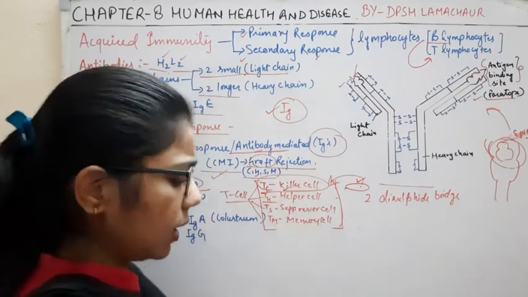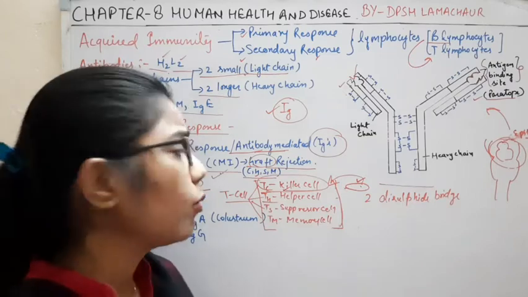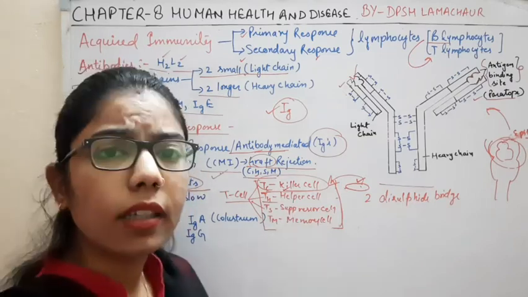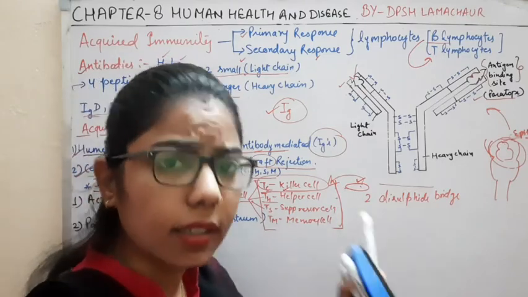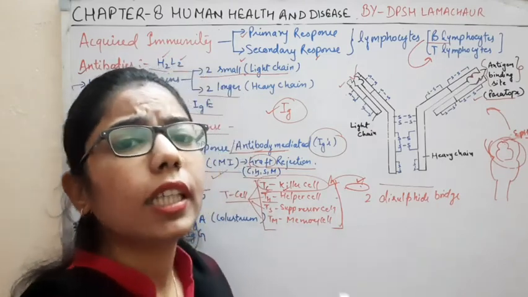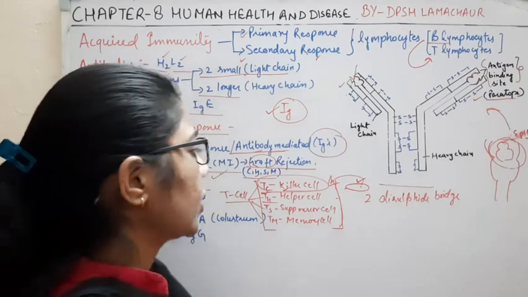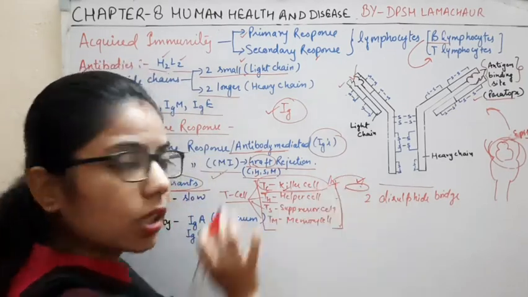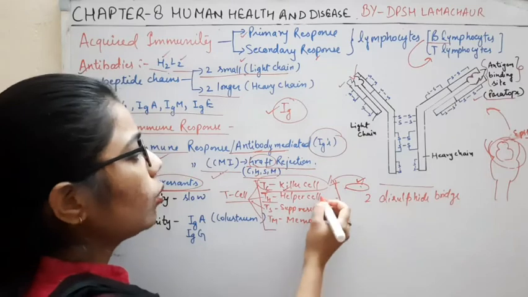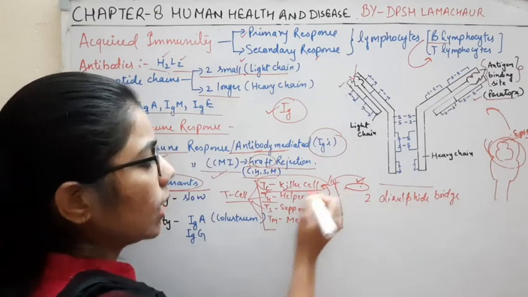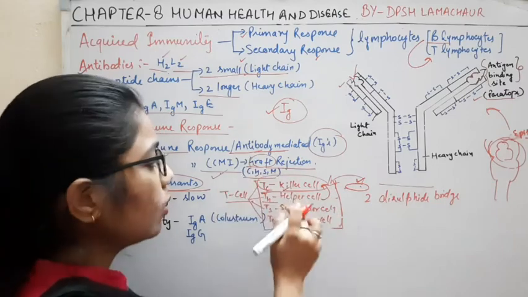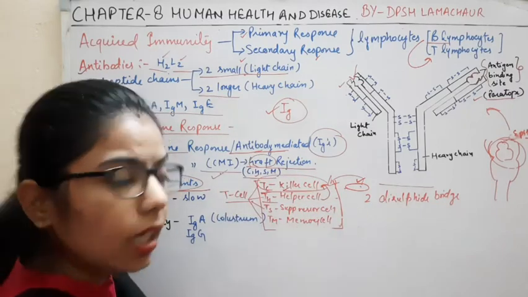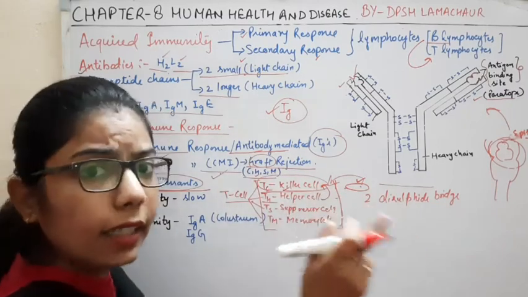Another one is the helper cell. So what is the role of this helper cell? Helper means that it will take help from any other cell, and after this they will respond to that pathogen. For example, again, if any pathogen attacks the body, what will it do? It will give a signal to this killer cell, for example, that come here and just kill that pathogen.